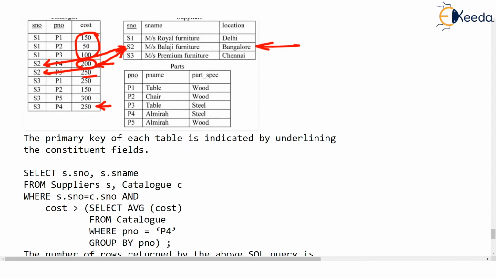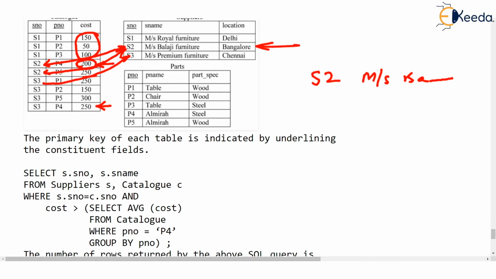So S2 must be listed in our result with name MS Balaji, isn't it so? This is running for every entry of the join result. S3 joins with S3 here, and the cost here is 250.